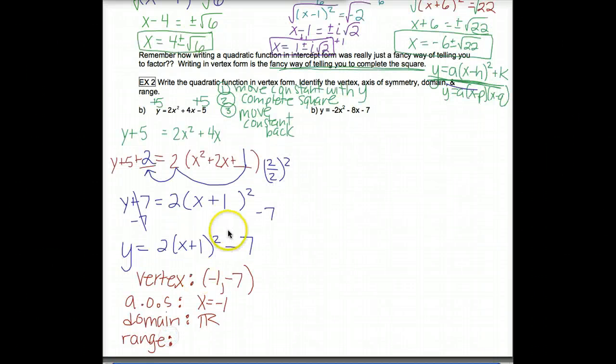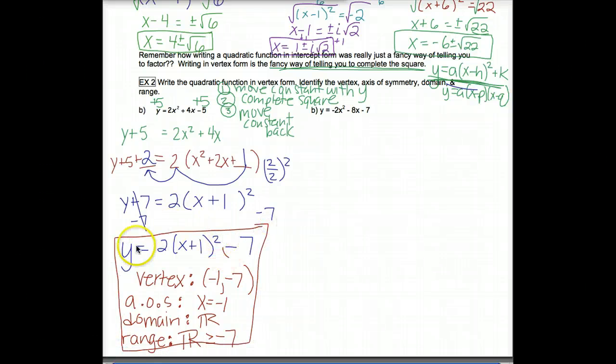They always start at the y-coordinate of the vertex, and they either get smaller or get bigger depending on which way they open. This one opens up, so we know it's going to be greater than or equal to whatever the y-coordinate of the vertex was, which is -7. So here, all of these are parts of our answer. So here's our vertex form, and then here's the information we should be able to get from it.